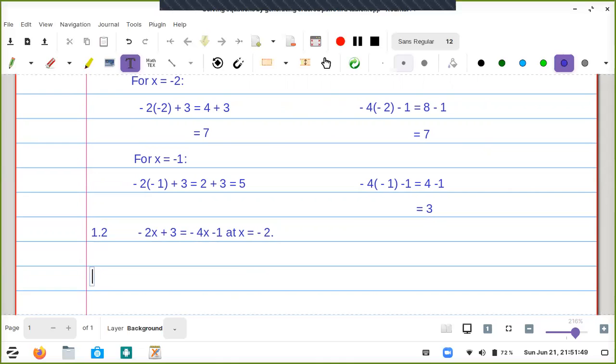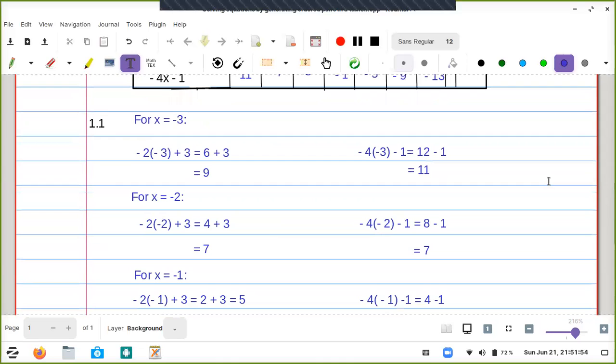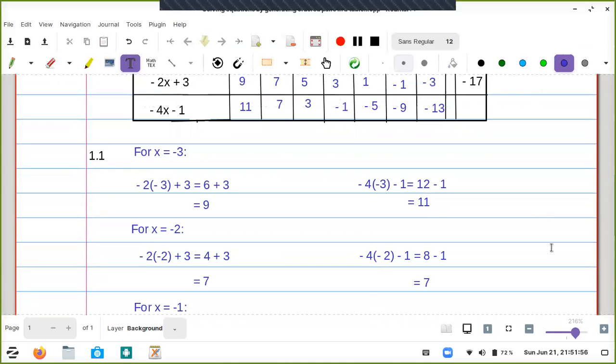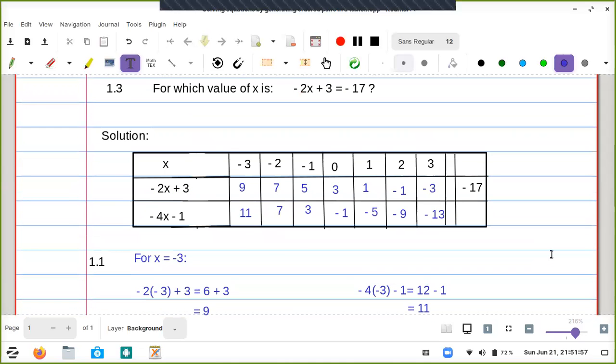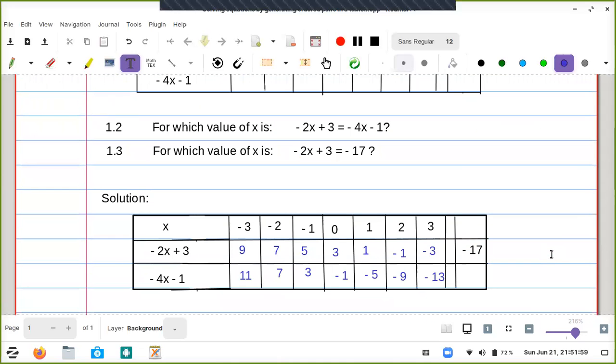Remember that question, if we go back here, it says for which value of x is -2x plus 3 equals -17, right?